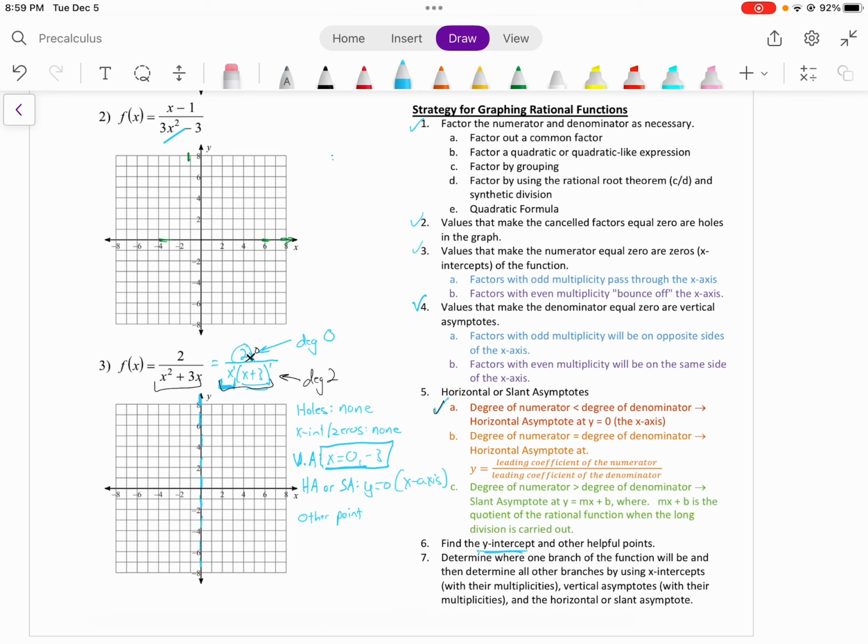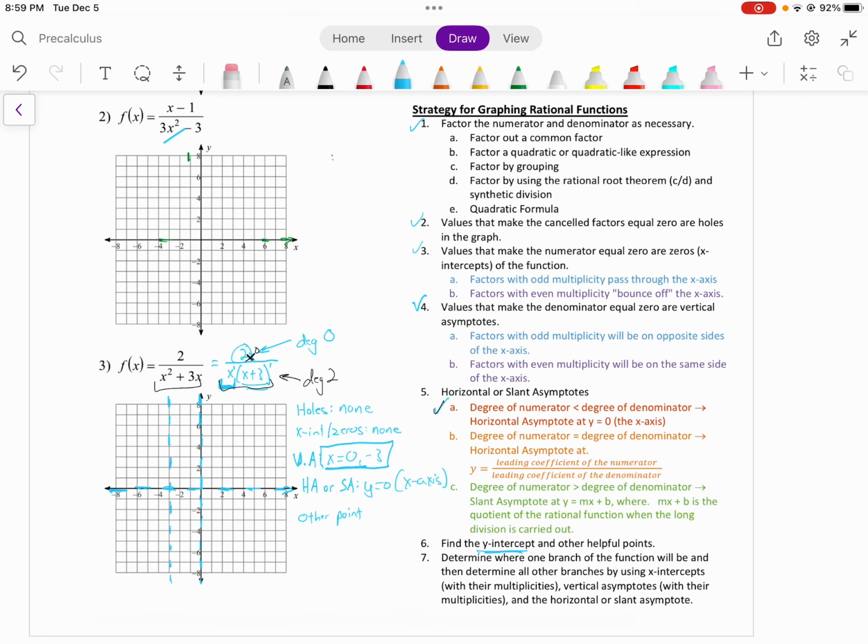So I'll put a dashed line over that, and then also at negative 3. And we have a horizontal asymptote on the x-axis, so we can put those in there. And we don't have a y-intercept.